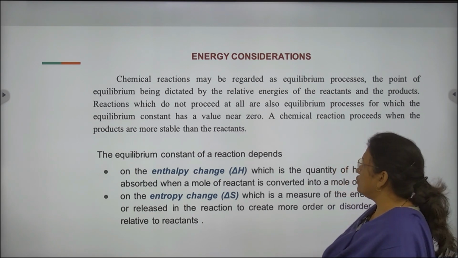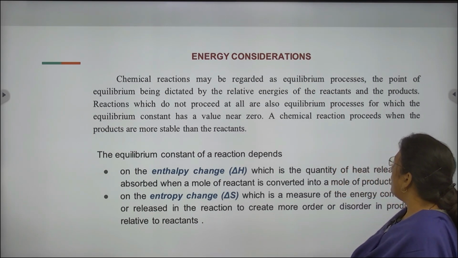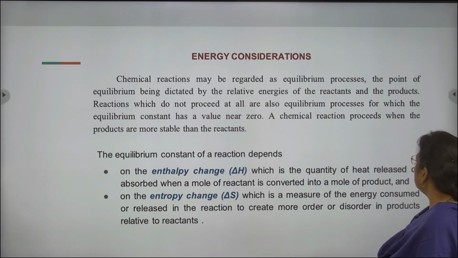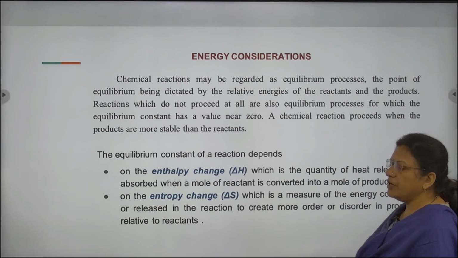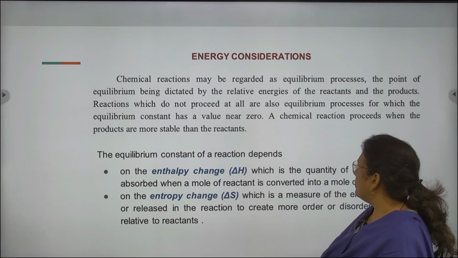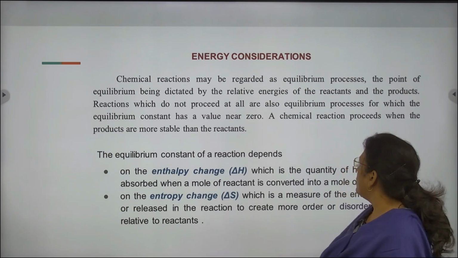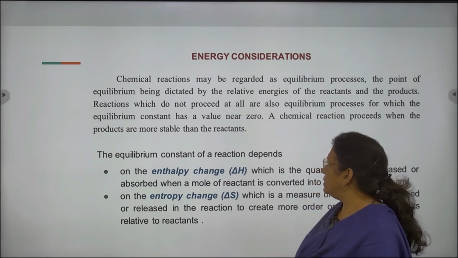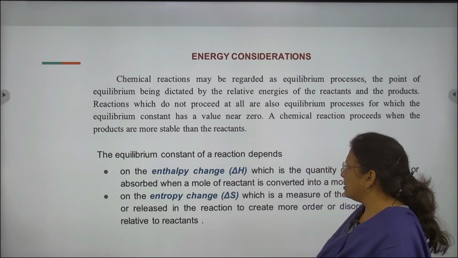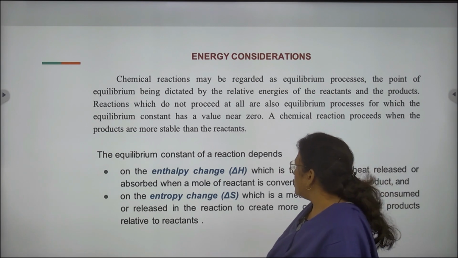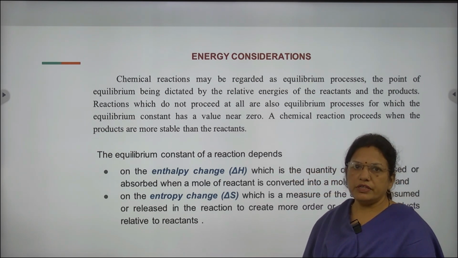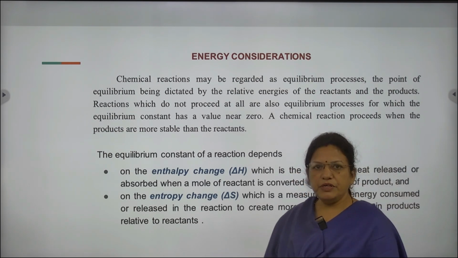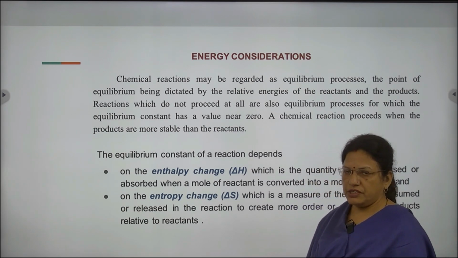Reactions which do not proceed at all are also equilibrium processes for which the equilibrium constant has a value near zero. A chemical reaction proceeds when the products are more stable than the reactants. The equilibrium constant of a reaction depends on two factors, enthalpy change and entropy change.